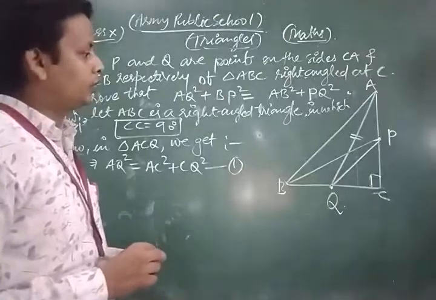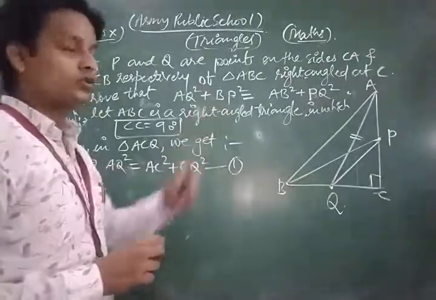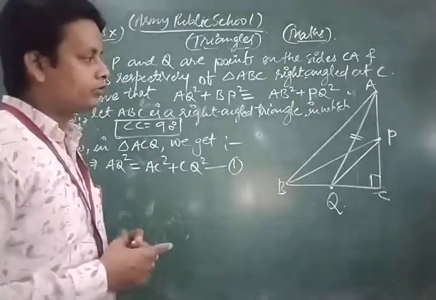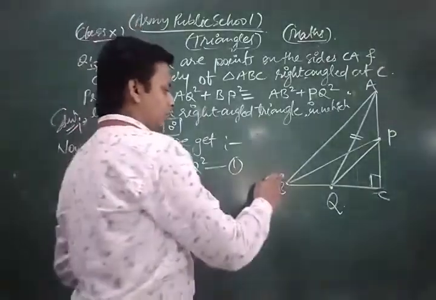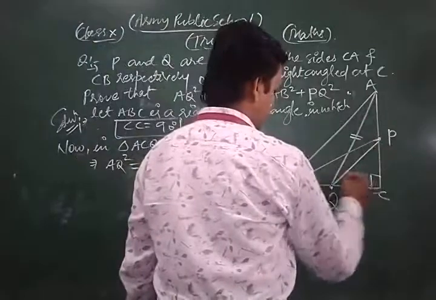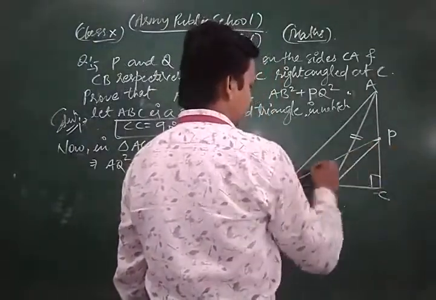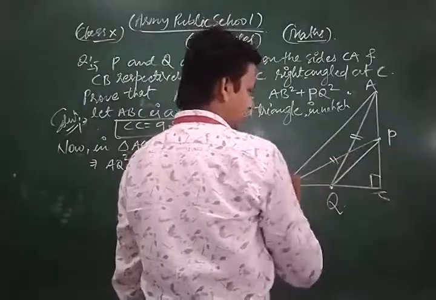Now AQ square is there. Now we also find BP square. Now look, in which triangle is BP found? Now look, in triangle PCB, here PB, BP is your hypotenuse for triangle PCB.